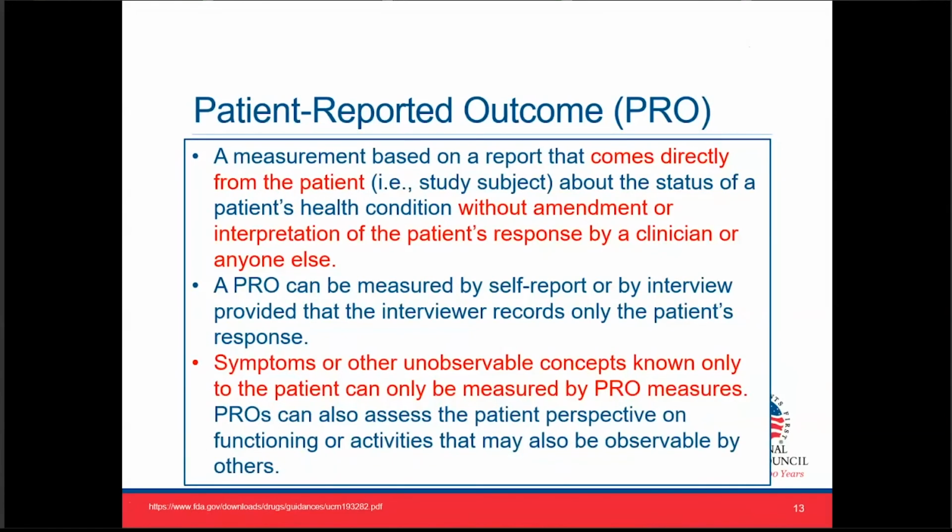A patient-reported outcome is not amended or interpreted by anyone except for the patient. And the patient response is directly captured in the outcome assessment. So a PRO can be measured by an interview as well as by self-report, as long as that interviewer records only the patient's response and doesn't add anything to it.